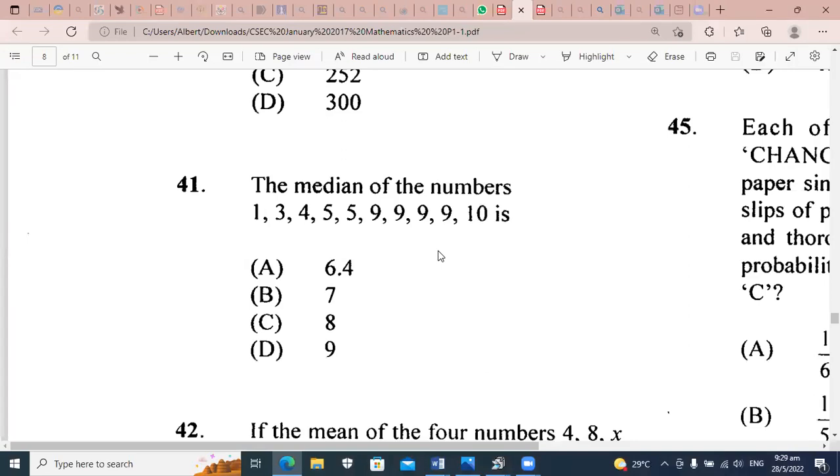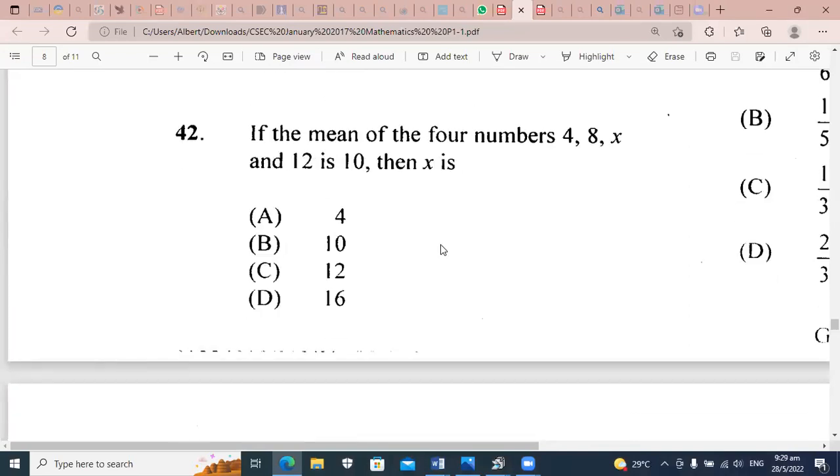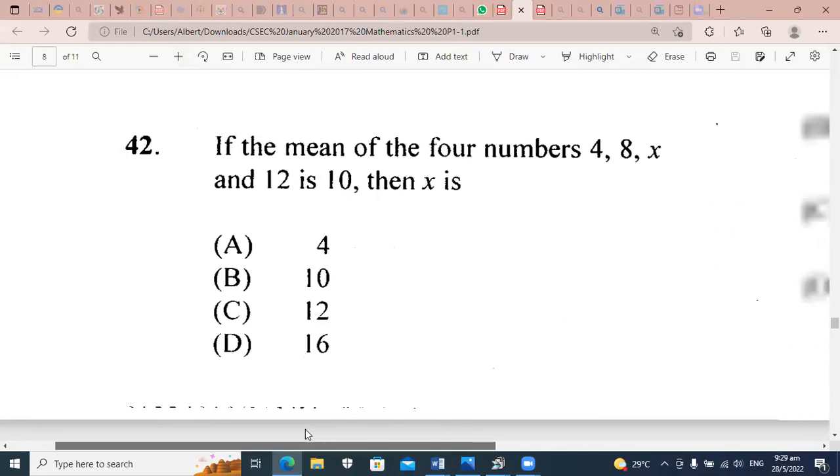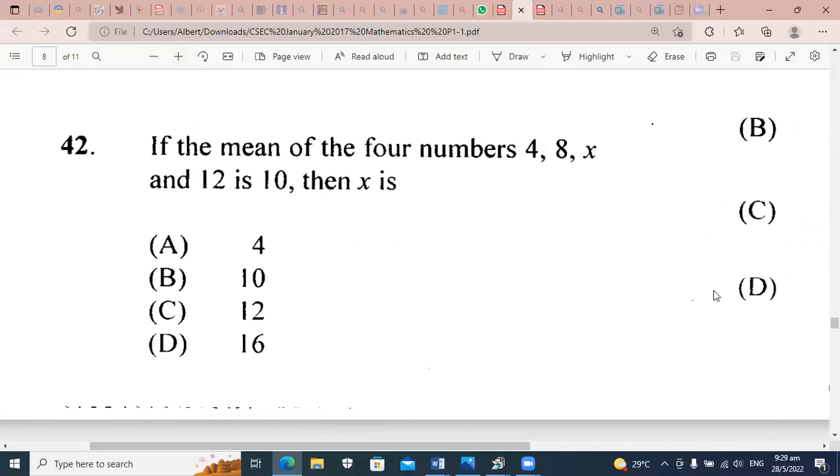Okay, let's look at 42. What you notice? This question gives you 4 numbers.